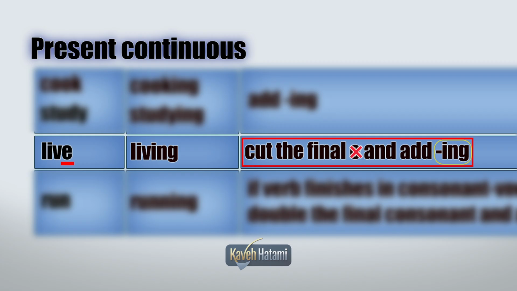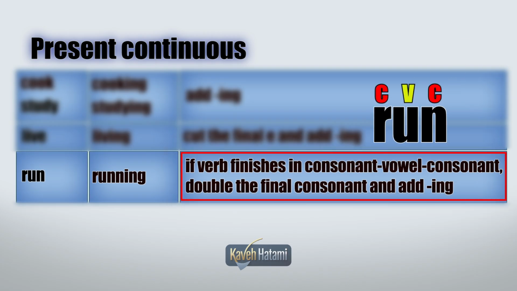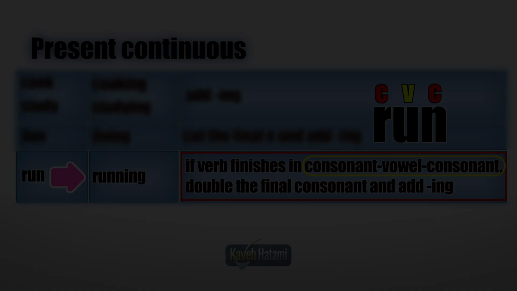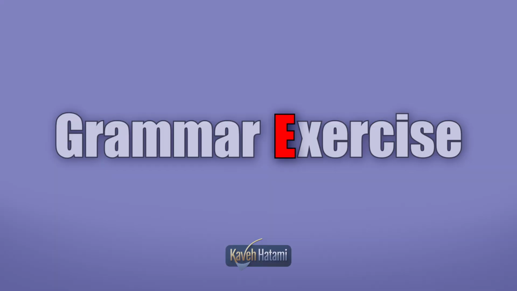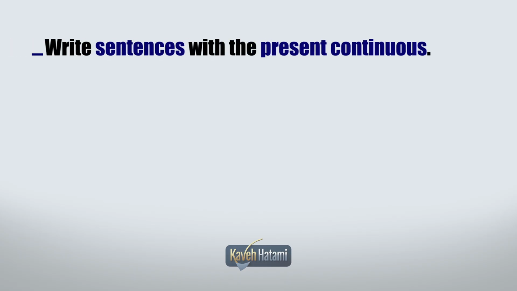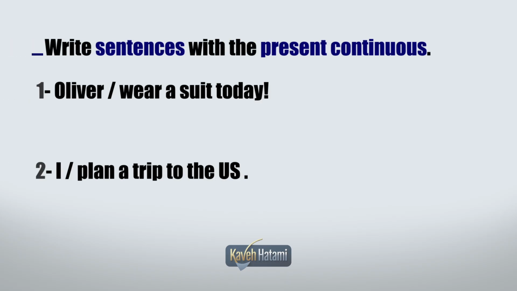For example, live, living. And if the verb finishes in consonant plus vowel plus consonant sound, we double the final consonant. For example, run, running. It's practice time. Write sentences with the present continuous.